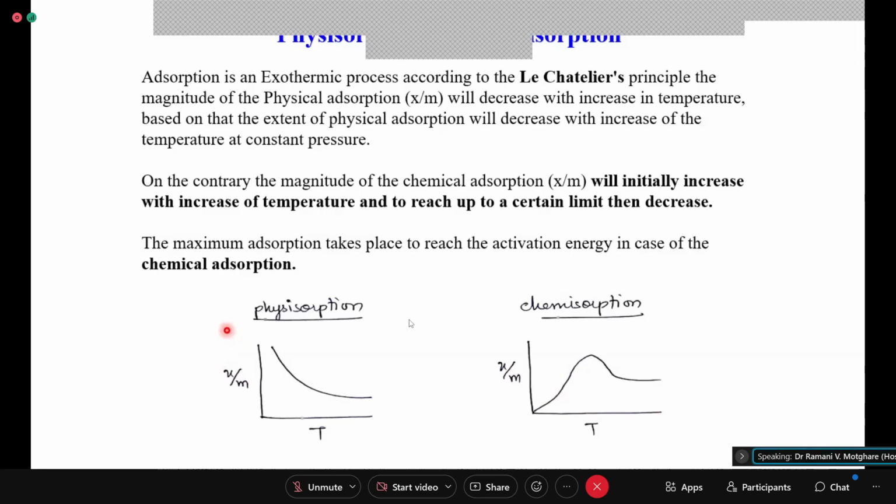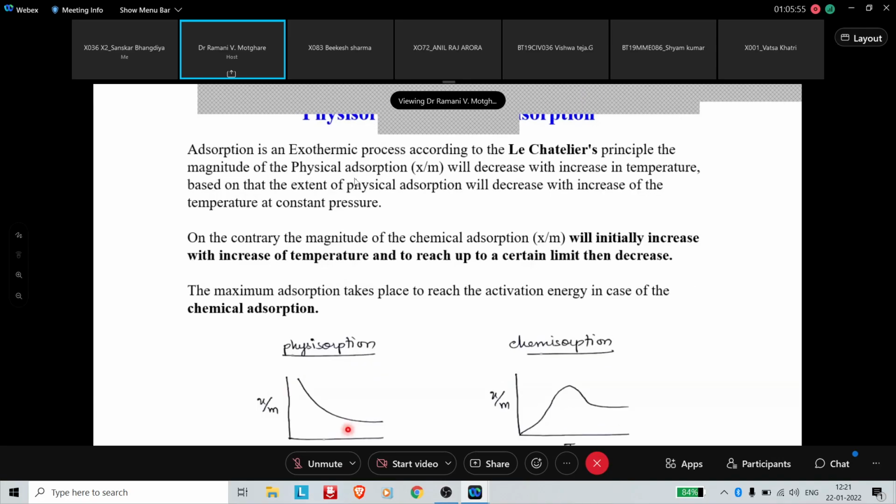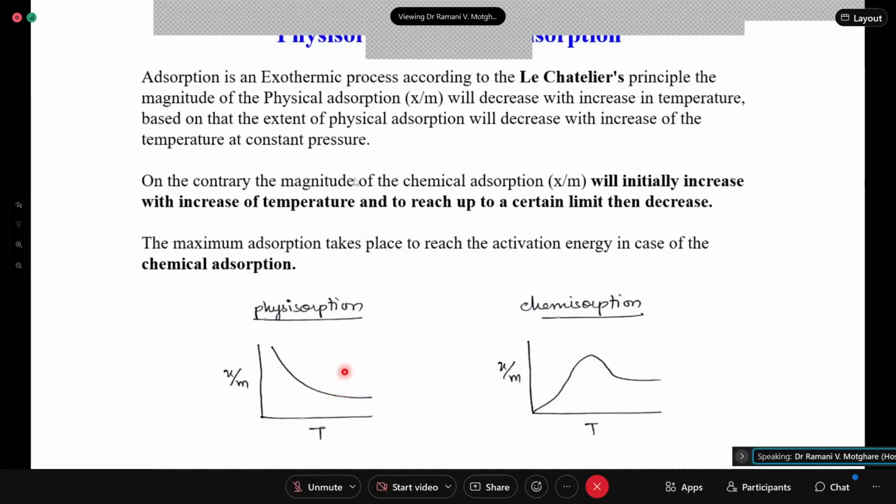Okay, so adsorption is an exothermic process. According to Le Chatelier's principle, the magnitude of physisorption will decrease with increase in temperature. Why? Because the molecules tend to get the activation energy, become more mobile, and move away from the surface.